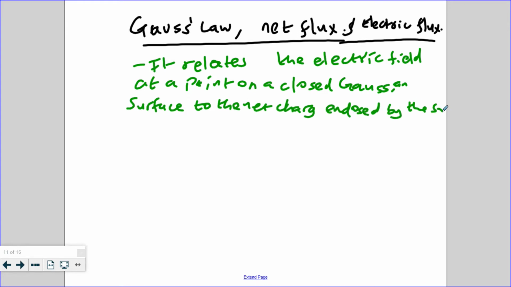So this is what we call Gauss's law, and of course we have to understand what we call the Gaussian surface.